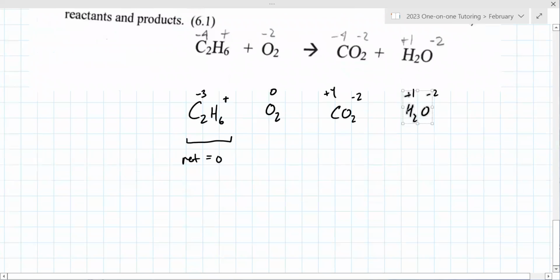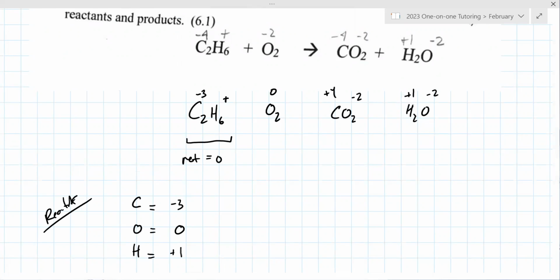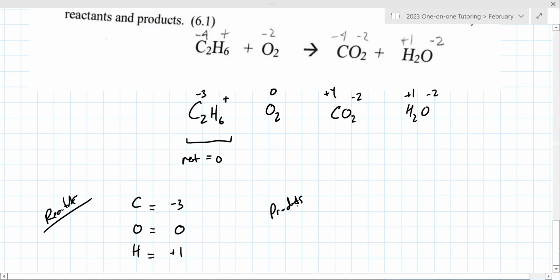So the answer here is, for the C, the O, and the H of the reactants: the C is -3, the O is 0, and the H is +1. That's it. Well, I'm putting the original answers that I put for these so I can show how I write. So the sign matters, whether it's positive or negative. And then the products, I believe it also goes COH again.